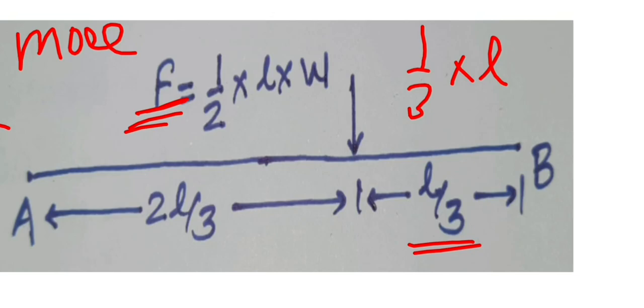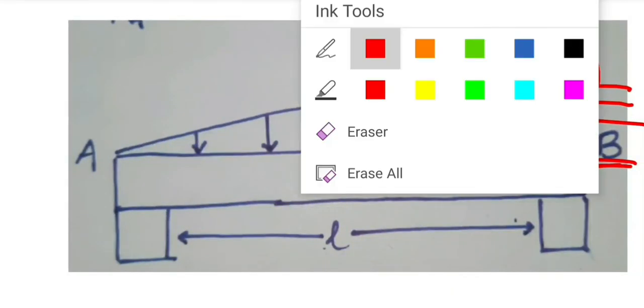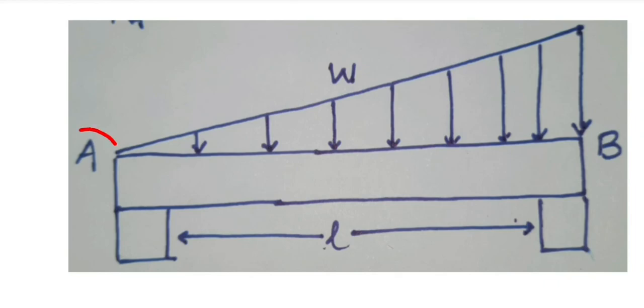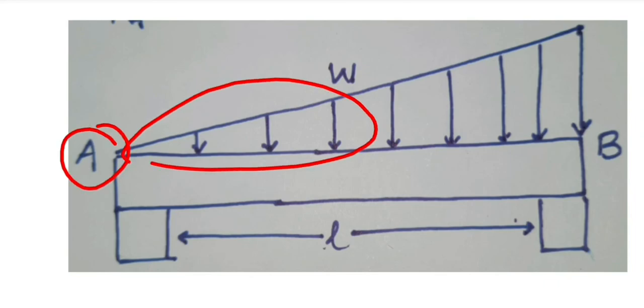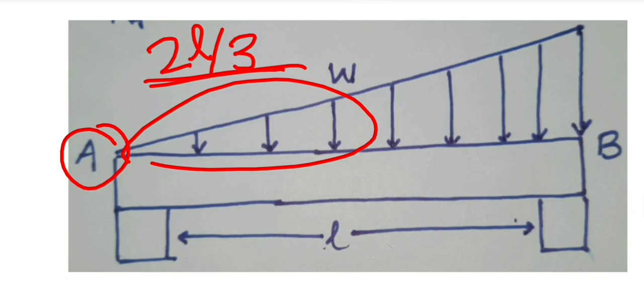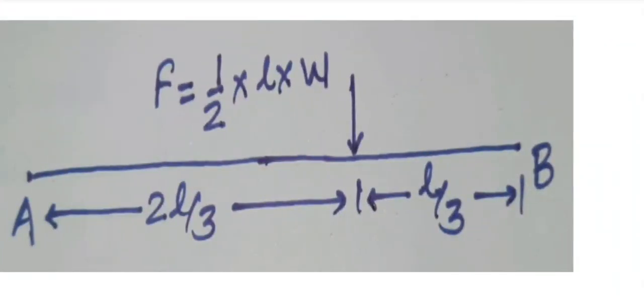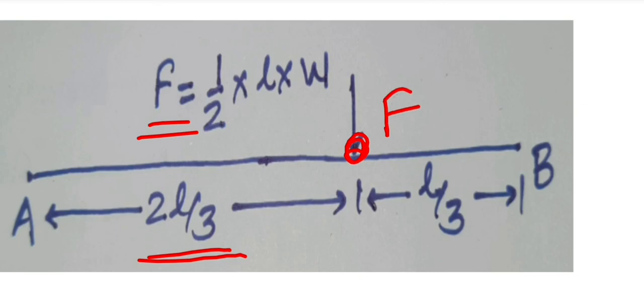And from the lower side, that is, where less load is applied at point A or the region at point A, the distance will be 2L by 3 from point A. See here, from point A the distance is 2L by 3 for the force F. This is the point where the force F is applied.